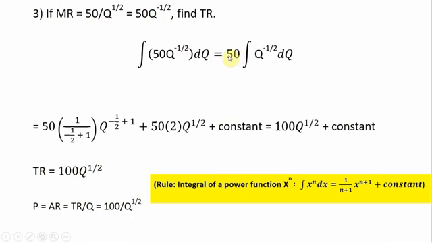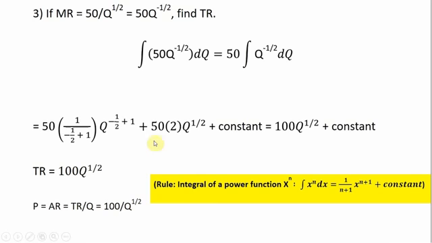We can bring the 50 out in front here, and then just take the integral of q raised to the minus 1/2 power. We're going to use the integral of the power function rule. So in this case, n is minus 1/2.